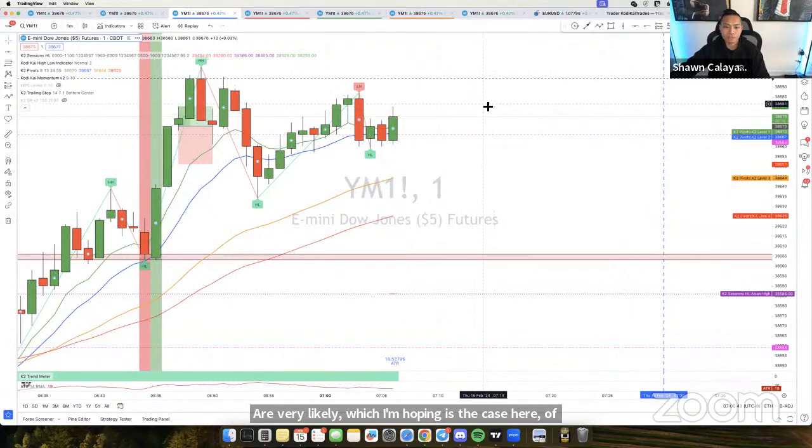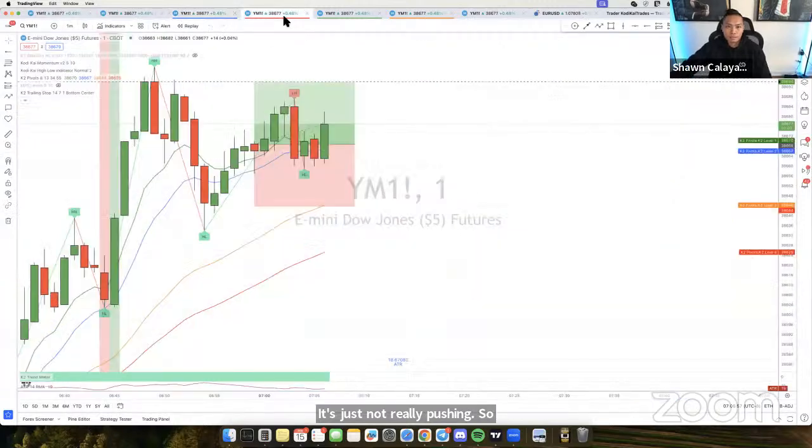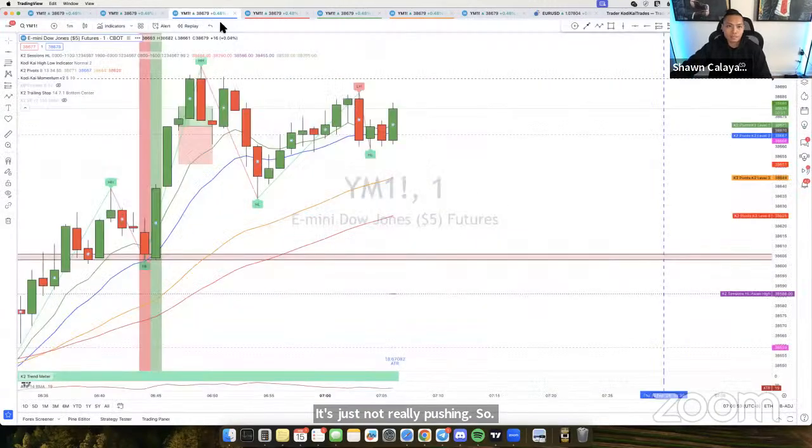But there's just no volatility. The ATR is not even that low. It's pretty decent right now. It's just not really pushing. All right, back to the PRB. PRB is still running in profit, but there's nothing else here.